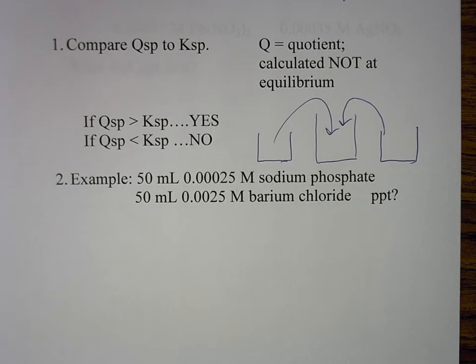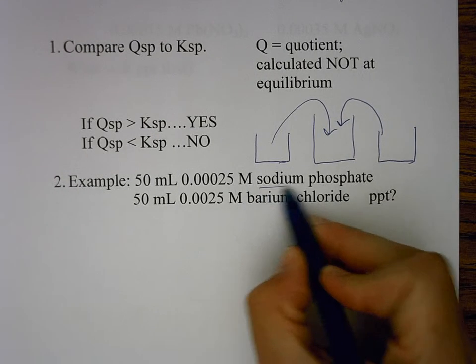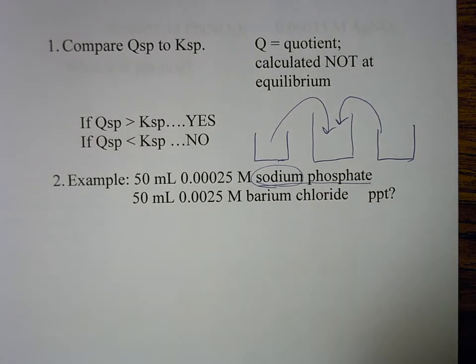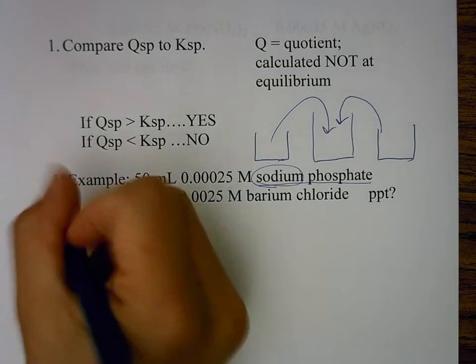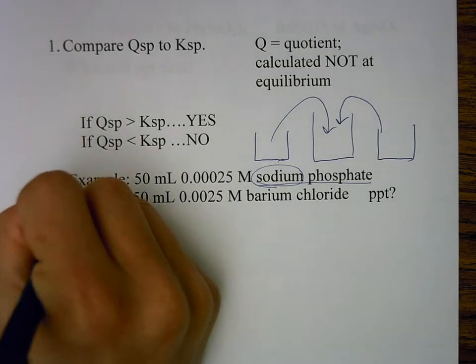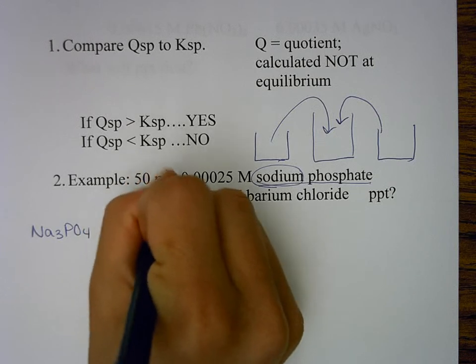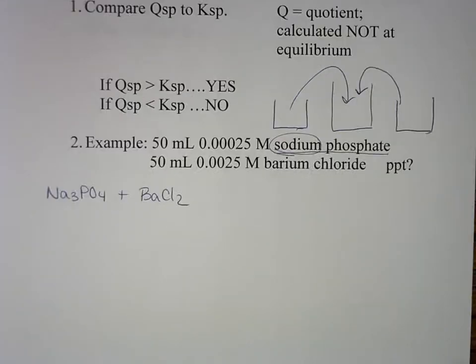Because individually, sodium phosphate, because of the sodium, is soluble. Barium chloride is soluble as well. So if this is my reaction, sodium phosphate, Na3PO4, plus barium chloride, I'm mixing those two things together into one solution.